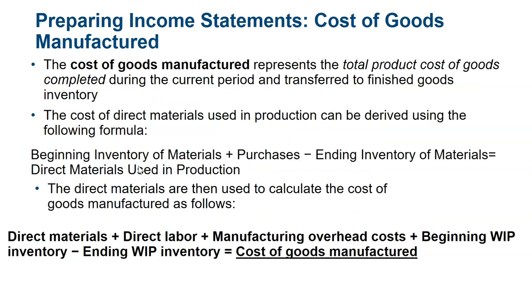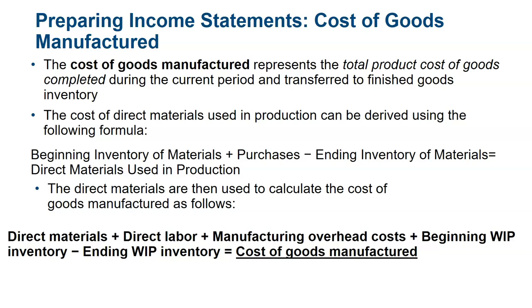All right, so it says here, preparing income statements, cost of goods manufactured. Well, we've looked at income statements before, and we've never had this item yet. So it's safe to say right away that cost of goods manufactured is an item that is only going to appear on the income statement for a manufacturer.